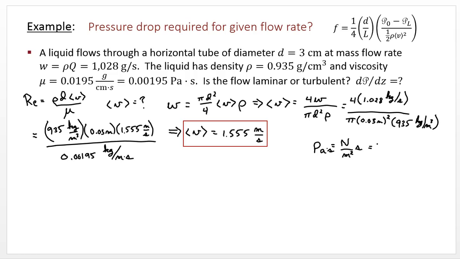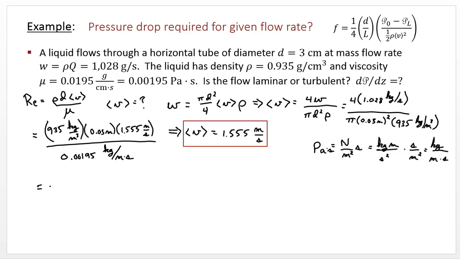And Newton is going to be kilograms meters per second squared. So we multiply that by seconds per meter squared, and what we get is kilograms per meter second as the SI base units for 1 Pascal, which we have here in the Reynolds number.